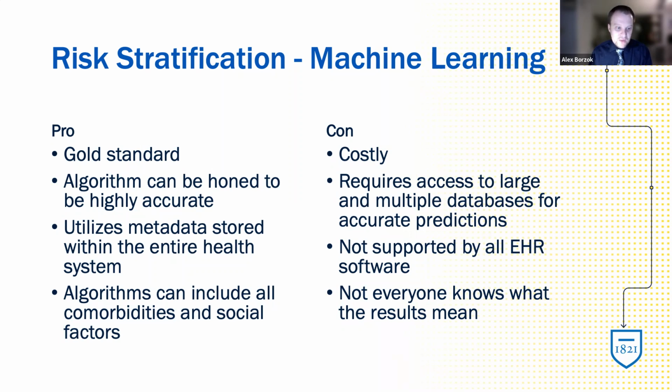And again, these algorithms, they're very diverse and can include all morbidities and social factors. The more data that you have to pull into this model, this algorithm, the more robust the results are going to be.